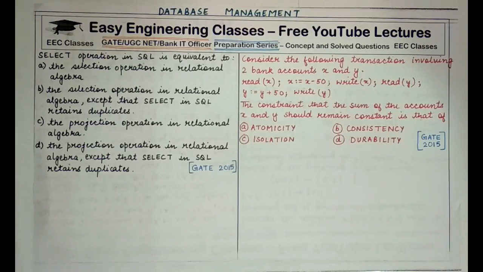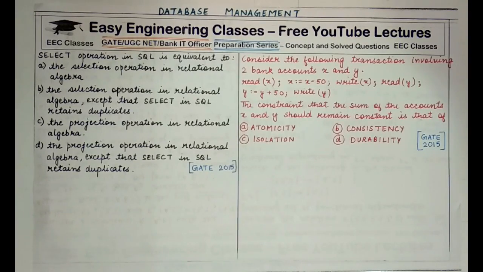The difference is that the projection operator of relational algebra does not retain duplicates, and the select operator in SQL retains duplicates. That means if duplicates are present in the result and we have used projection operation, then multiple rows that have the same value will not all be present in the final result.